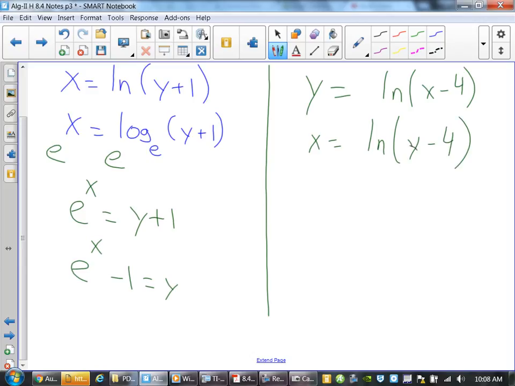Natural log is what log base? Log base e. To get rid of the stuff in parentheses, we e it or exponentiate it. How do you spell exponentiate?